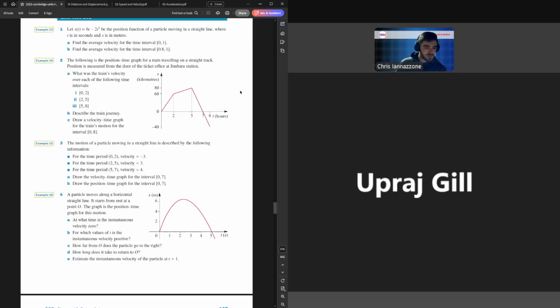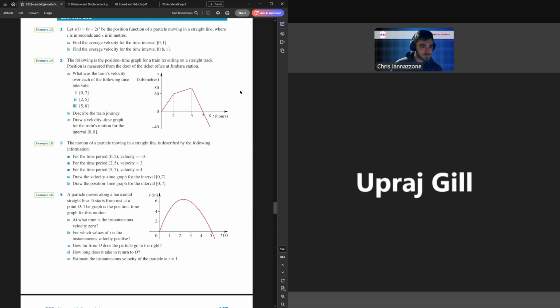For 2B, can we just go through that together? I'm just going to tell you what I got for 2B. Shoot it. I'm not going to say ticket office, I use origin. I said the train traveled at a velocity of 30 kilometers per hour away from the origin for 2 hours.